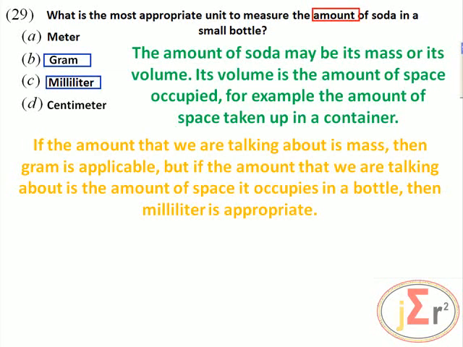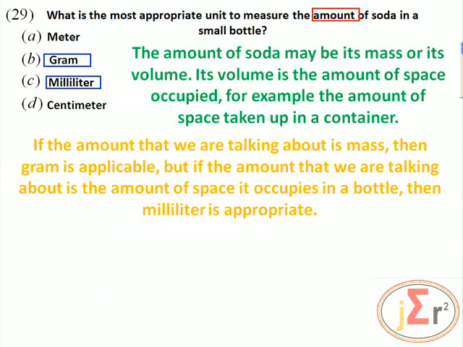If the amount that we are talking about is mass, then gram is applicable. But if the amount that we are talking about is the amount of space occupied in a bottle, then milliliter is appropriate.